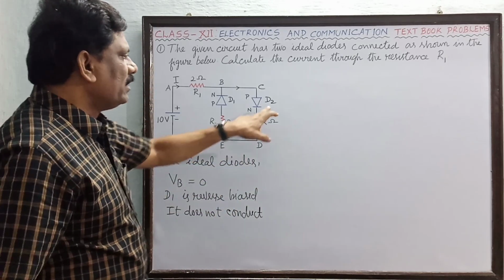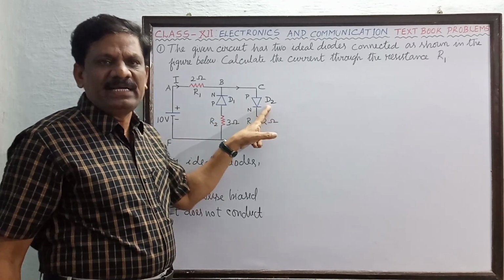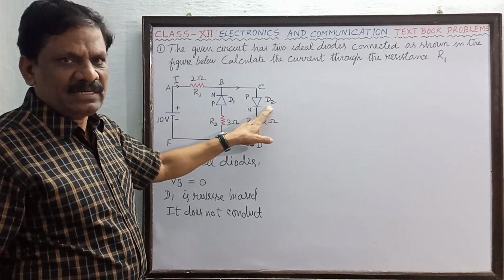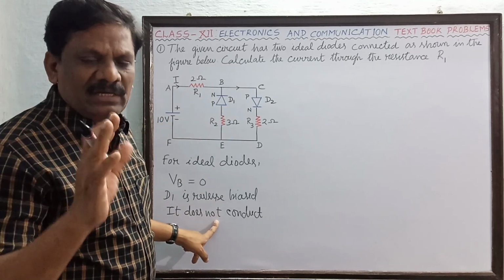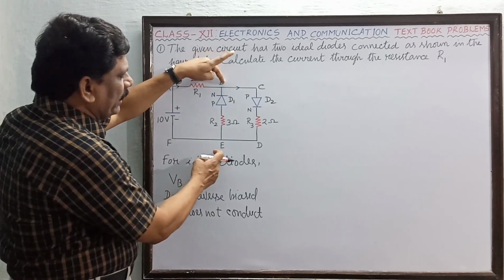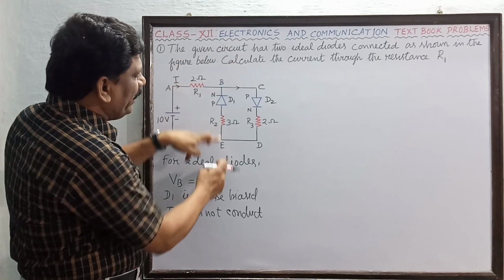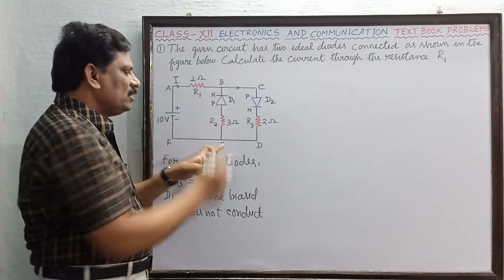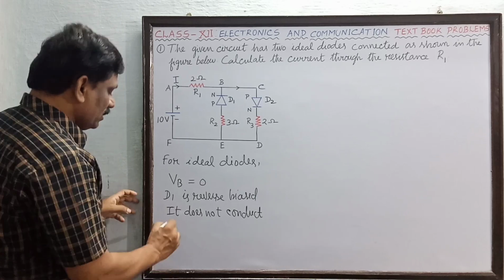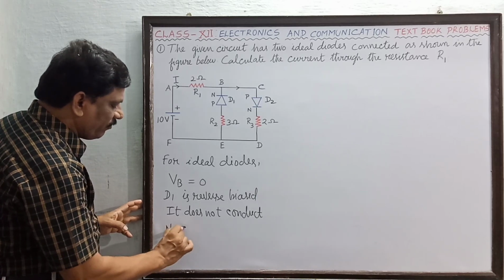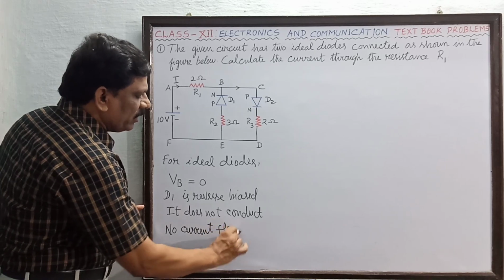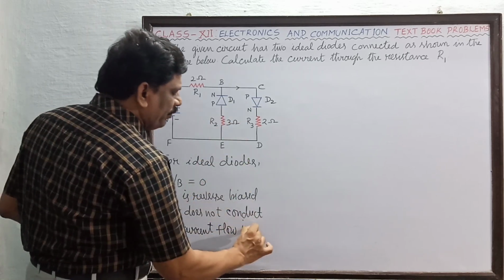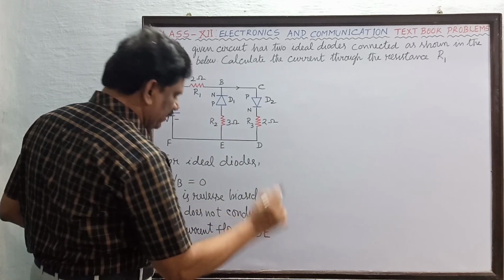Whereas diode D2 is forward biased, it will conduct, is it not? So since diode D1 is not going to conduct any current, there will be no current in this path B to E. From B to E, there is no current. So no current flows in the branch BE.